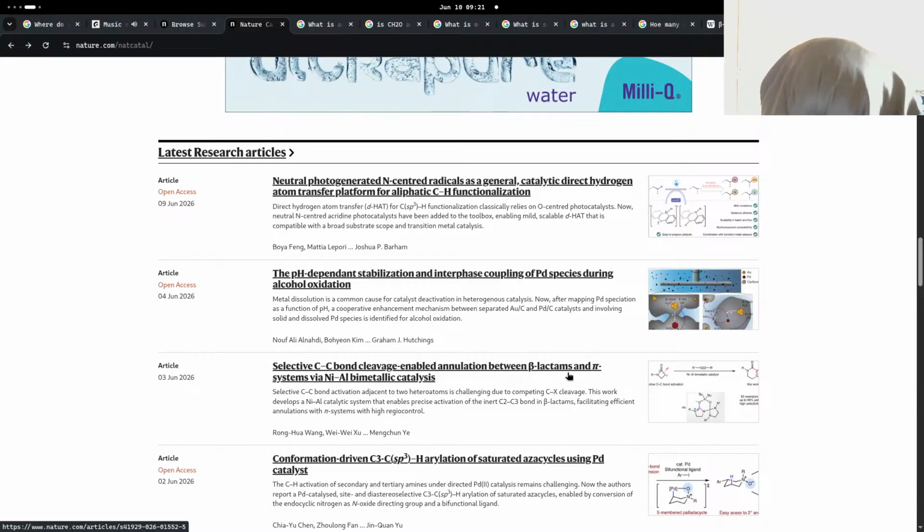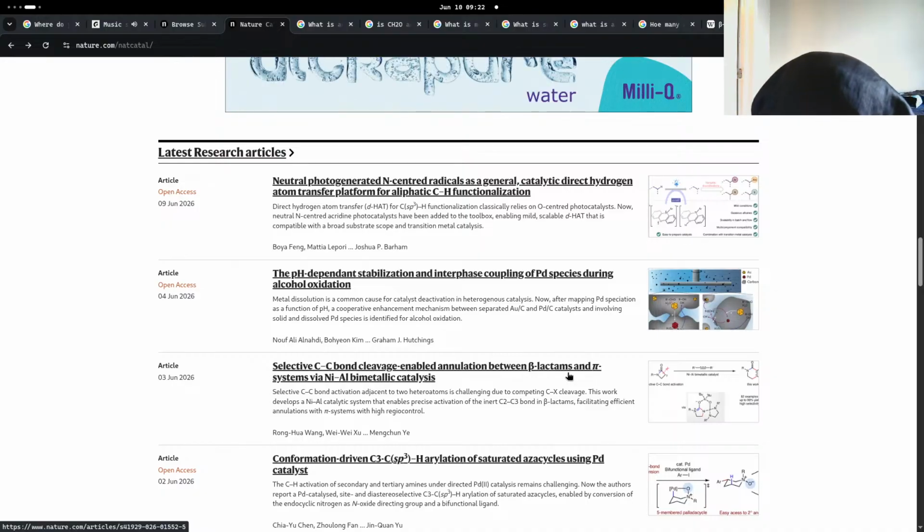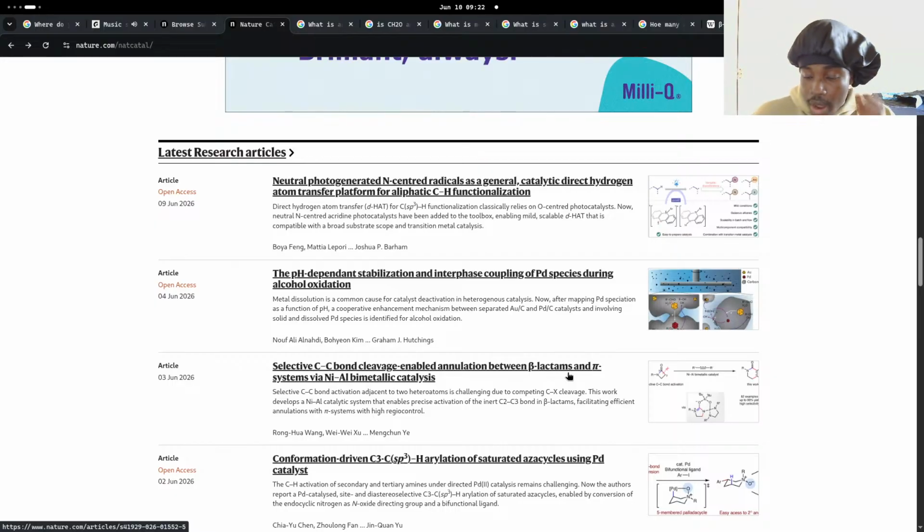Either way: C-C bond cleavage enabled annulation between beta-lactam and pi systems via nickel-aluminum bimetallic catalysis. Boom.